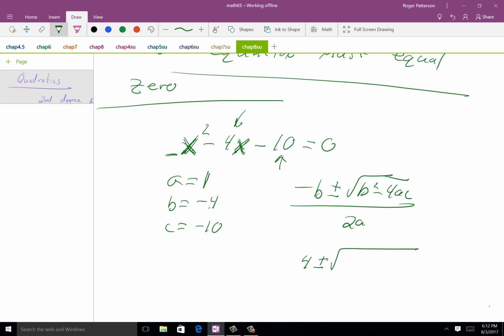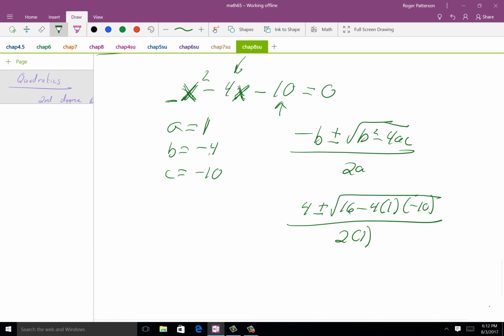Negative 4 squared is 16, because it's a negative, so it's going to be positive. A is 1, C is negative 10, and A is 1 again. All we're doing is substituting these values A, B, C into that formula, and now I'm going to just work it out.